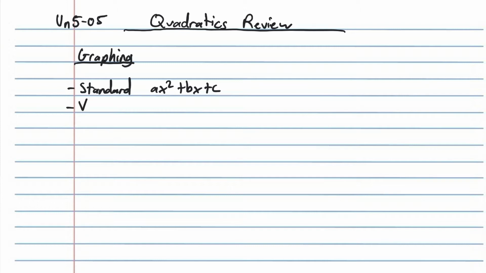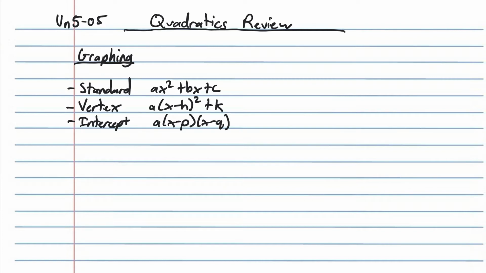There was vertex form, that's a(x minus h) squared plus k. And then there was intercept form, which was a(x minus p)(x minus q).